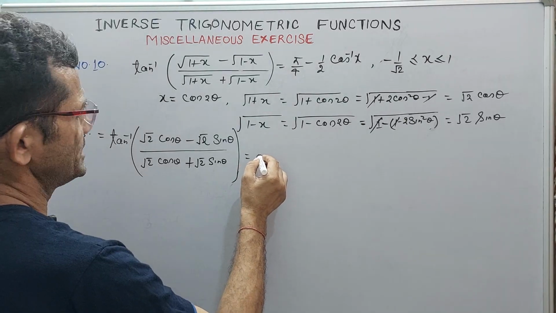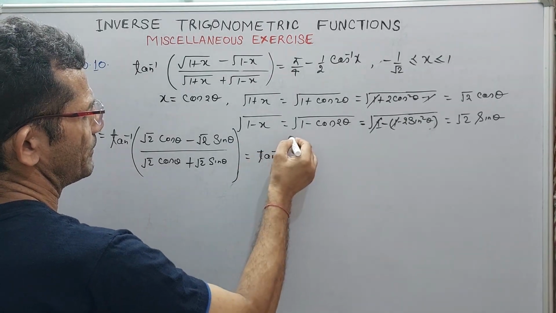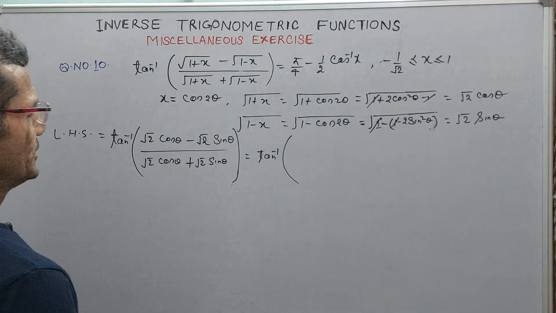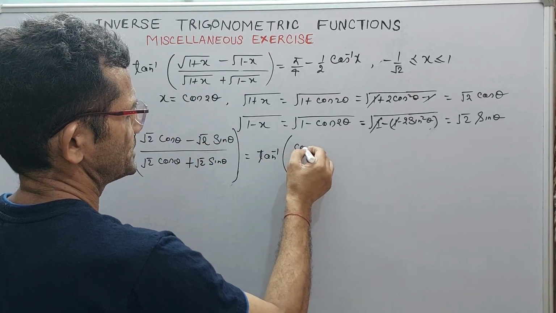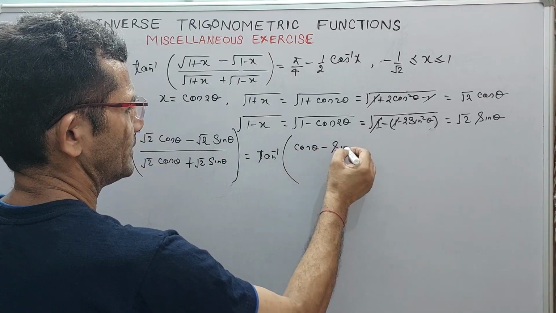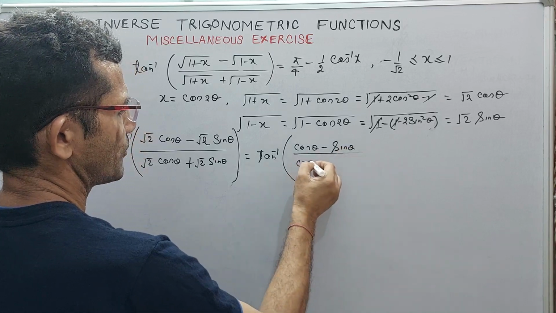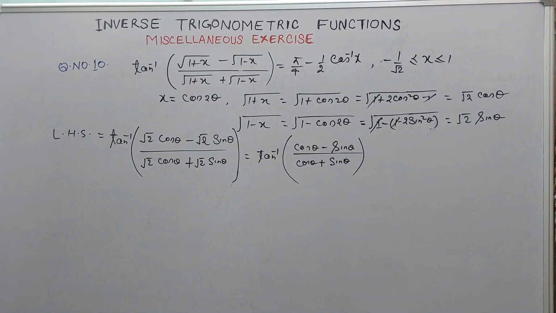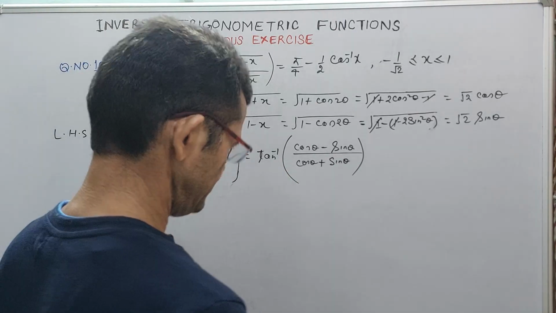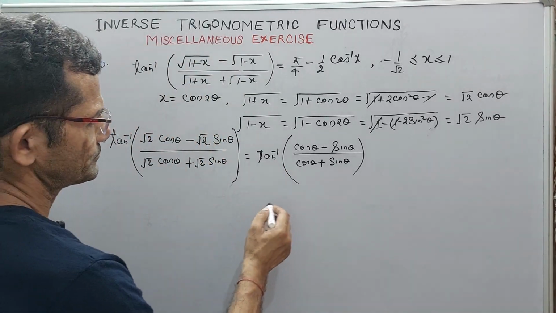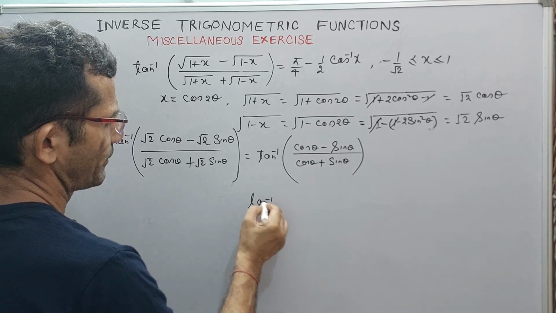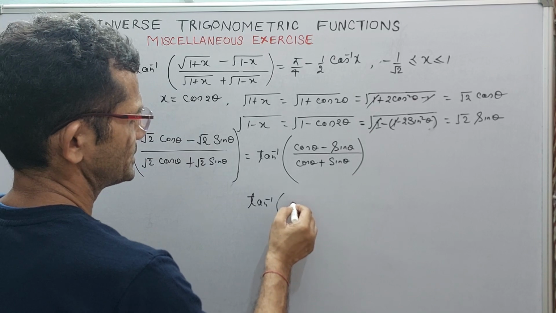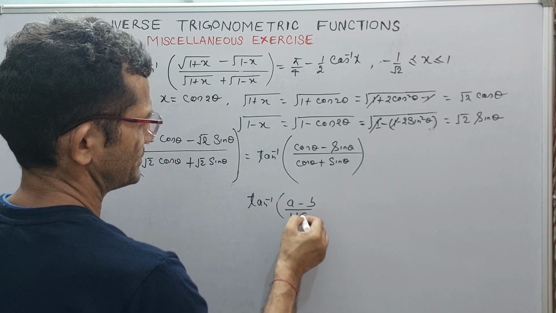Now this becomes tan inverse. Root 2 is common, and root 2 is common and will cancel with the denominator. So finally in the numerator, cos theta minus sin theta, divided by cos theta plus sin theta, just a simple expression. So we will divide this, if I use tan inverse, we are using here tan inverse of a minus b upon 1 plus ab.